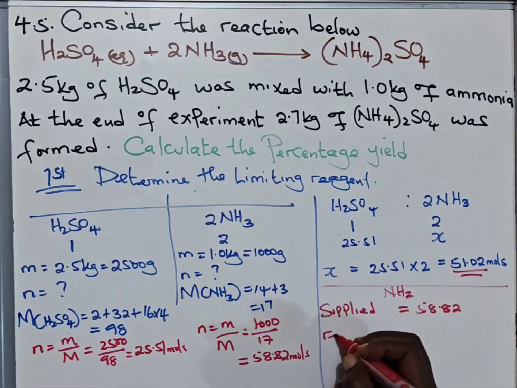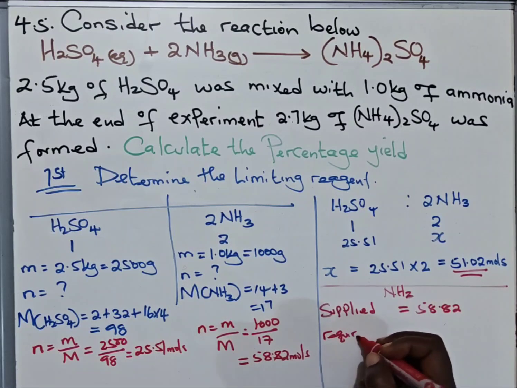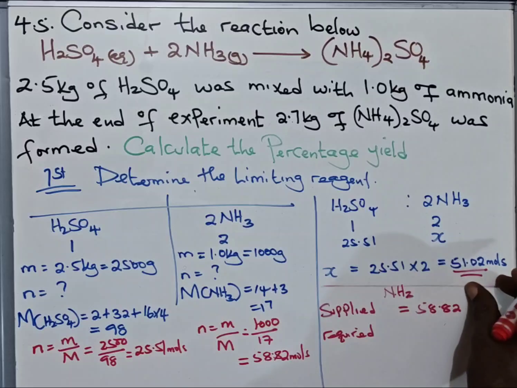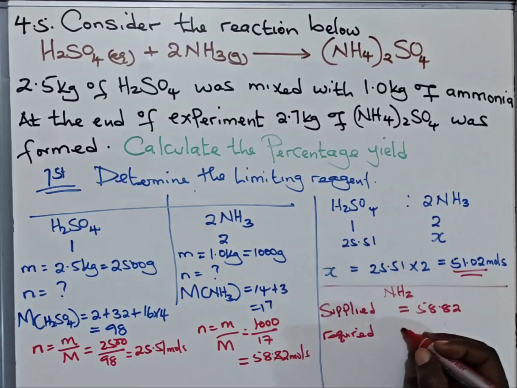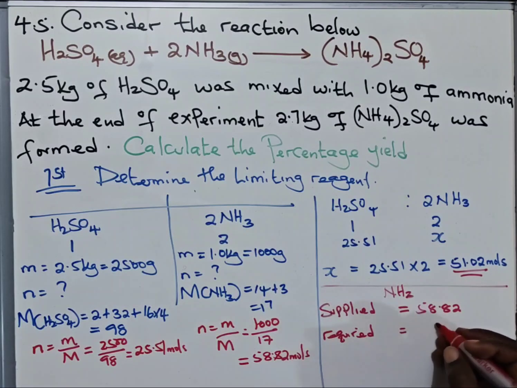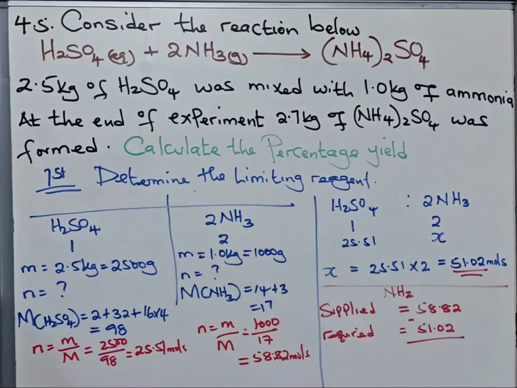And required is what we have calculated for ammonia, and the required is 51.02. So when you get the difference here, supplied minus required, what you get here will determine whether ammonia is a limiting reagent or not.